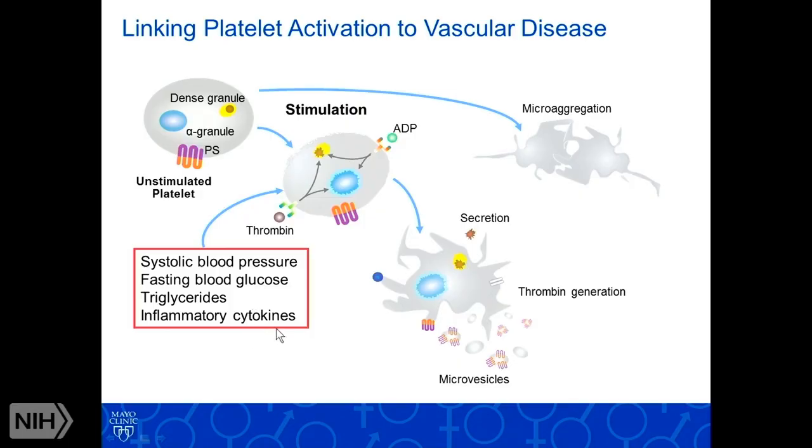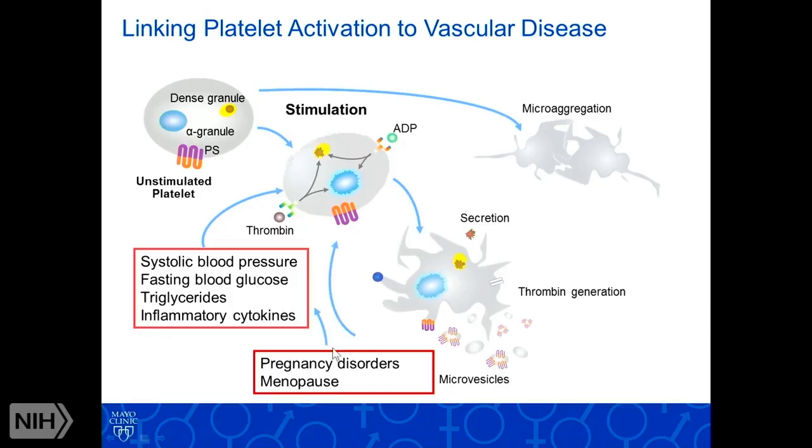These are conventional cardiovascular risk factors which change with sex and over time with aging. They're also influenced by pregnancy disorders and menopause. So we have the sex-specific conditions also affecting, either directly or indirectly, platelet activation, thrombin generation, and vascular structure and function.